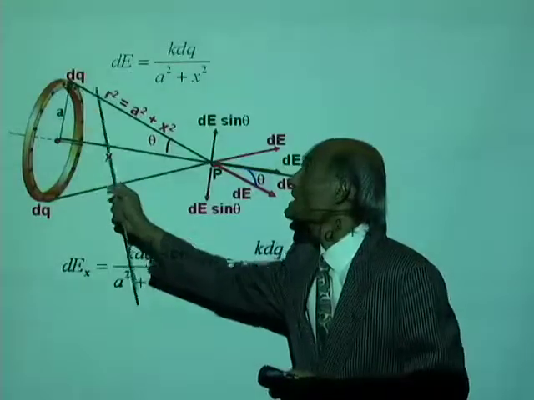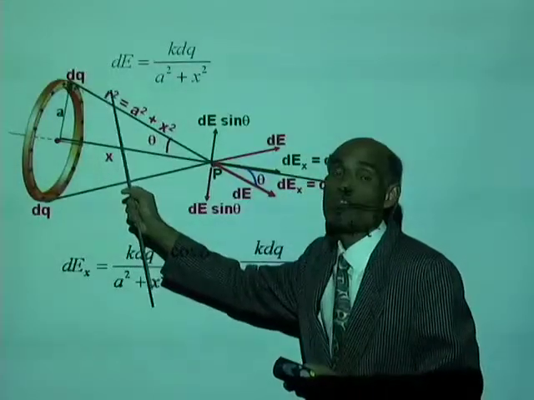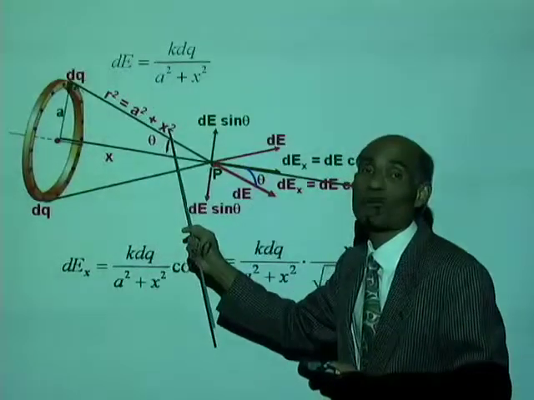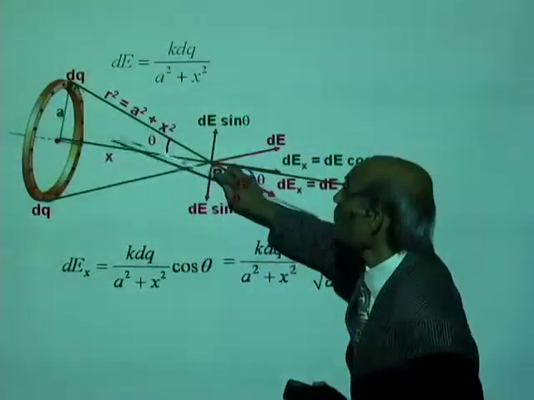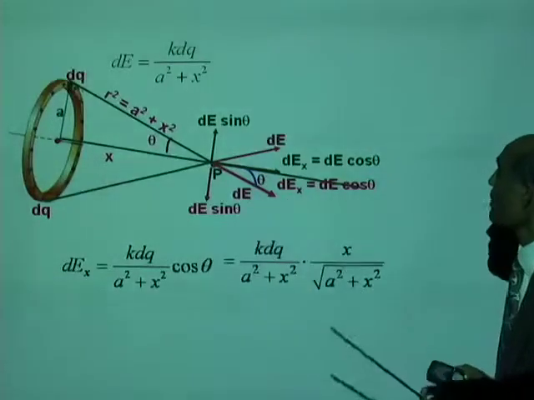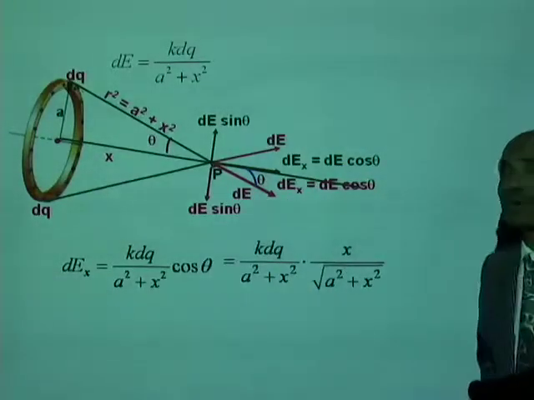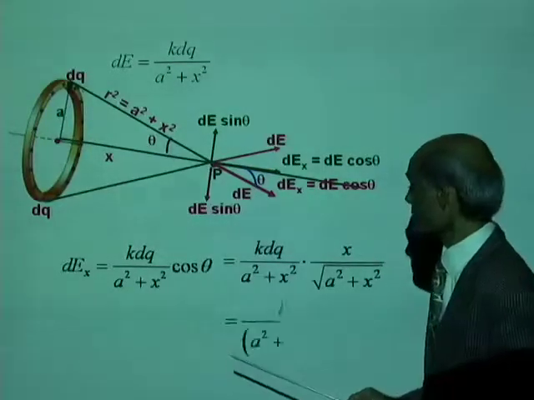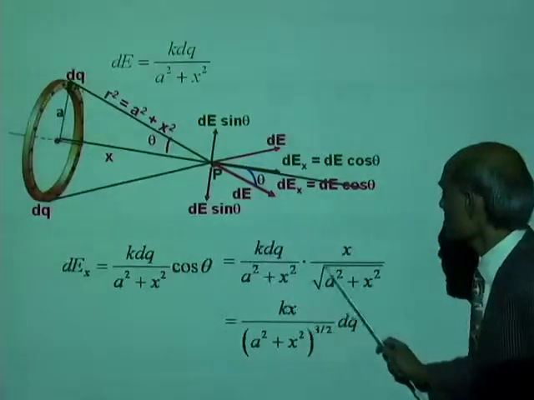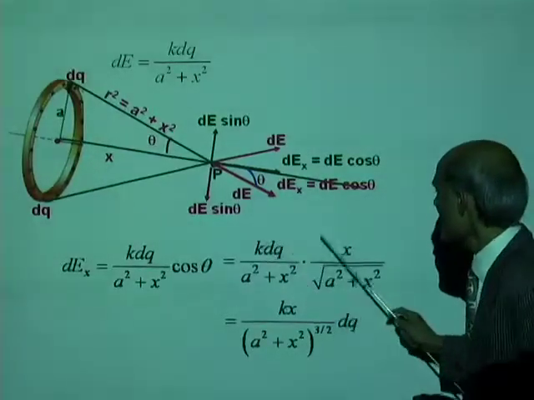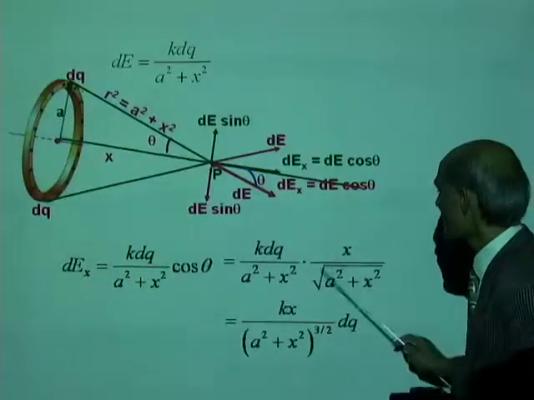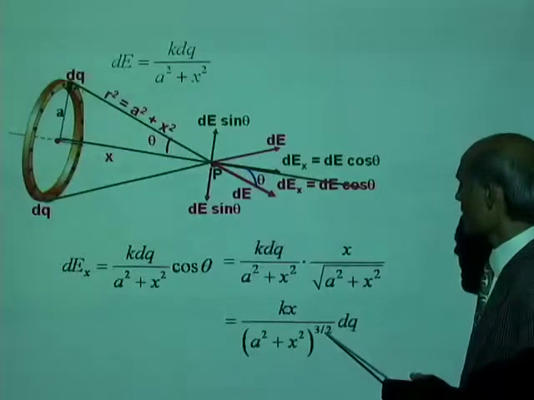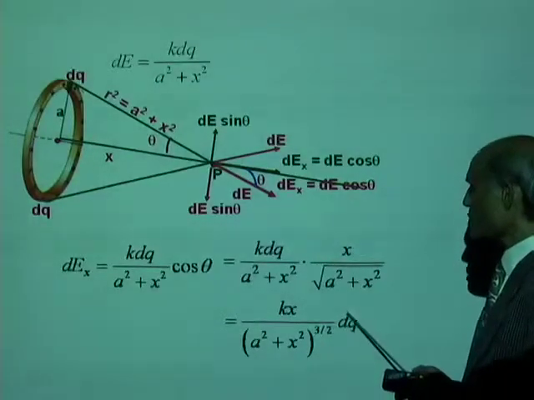R squared is a squared plus x squared. Therefore, r is equal to the square root of a squared plus x squared. And cos theta is x over r, which is x over the square root of a squared plus x squared. Alright? Now let's combine this together. That will be kx divided by a squared plus x squared to the power of 3 over 2 dq.